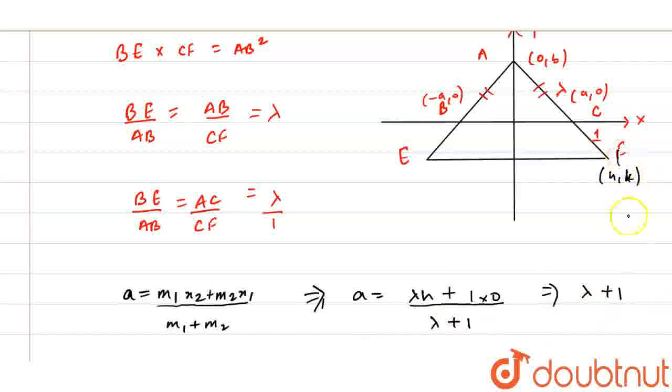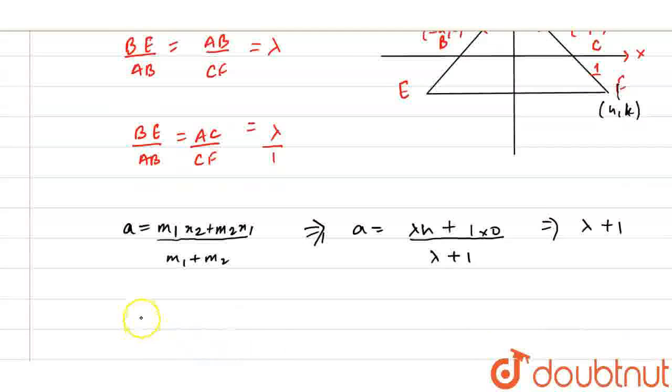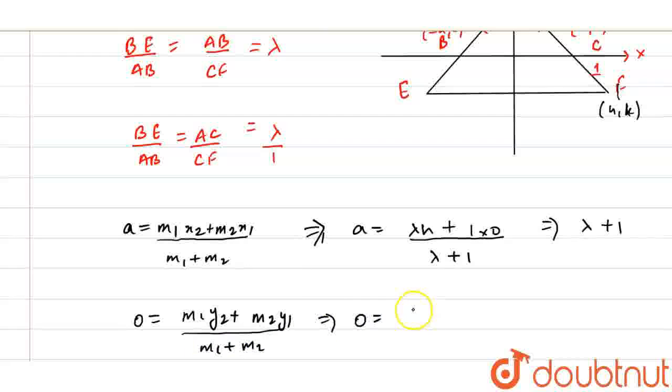Similarly we can find the value of y: 0 is equal to (m1 y2 plus m2 y1) divided by (m1 plus m2). So 0 is equal to lambda times y2, that is k, plus 1 times b, divided by lambda plus 1.